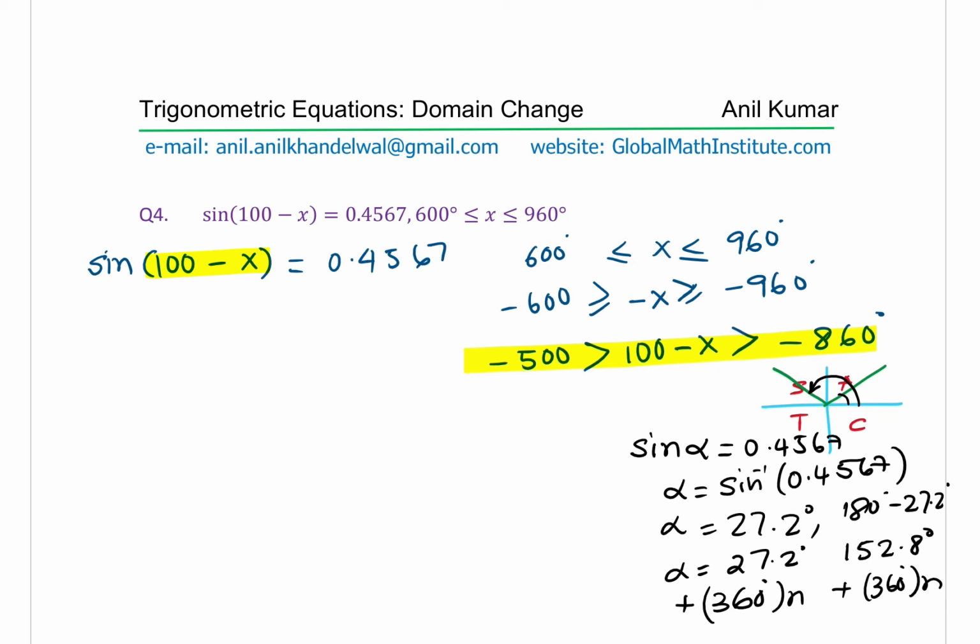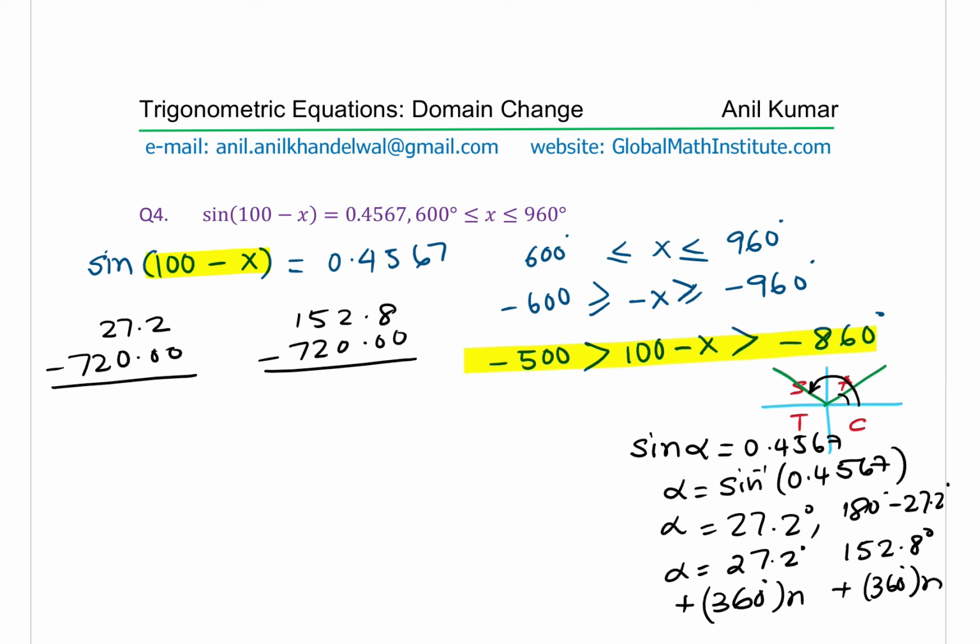When you do this exercise, it becomes absolutely clear that for 27.2, we should take away 720, and also for 152.8, we should take away 720. Then we can get to this particular domain of minus 500 to minus 860.